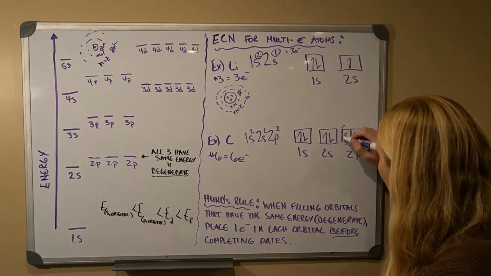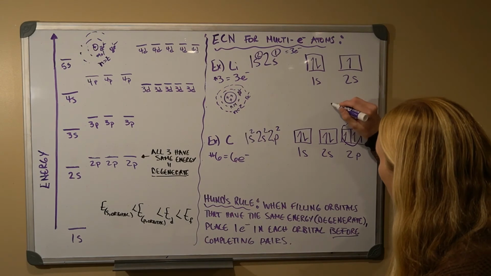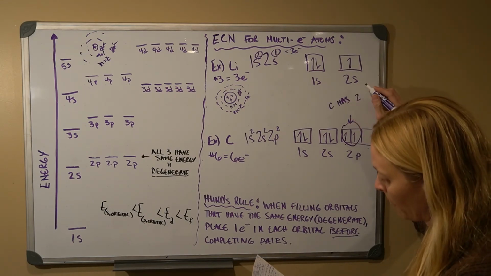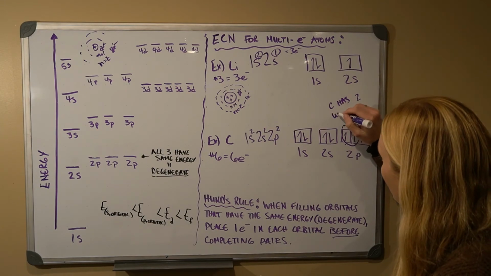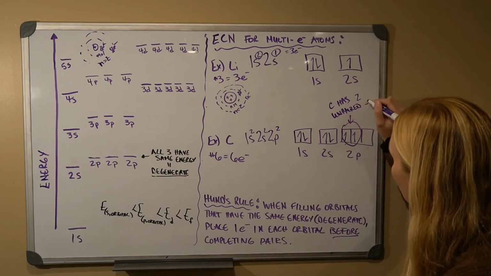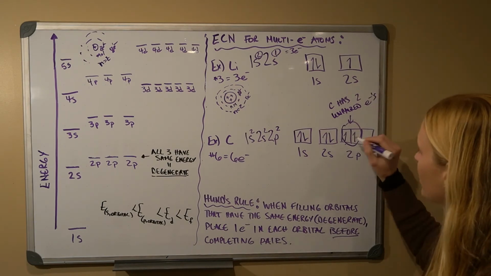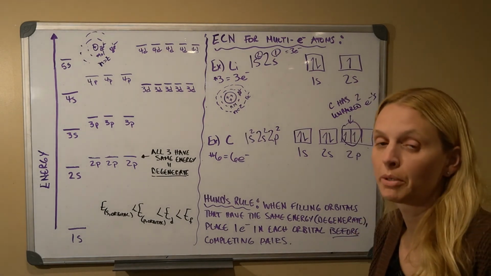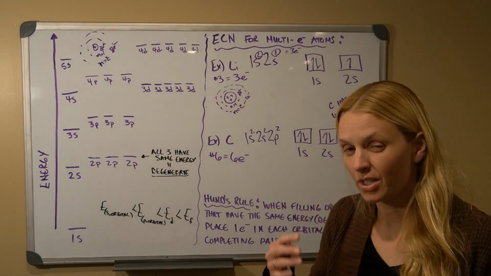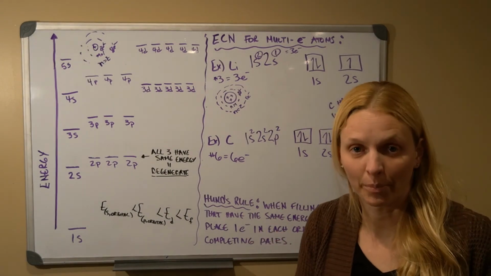So here we say that carbon has 2 unpaired electrons. That's going to be really important because the number of unpaired electrons gives an atom a specific property.